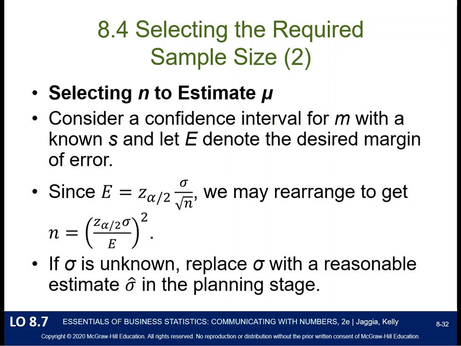Then we can get that we need our z-score times the standard deviation divided by that desired margin of error, all of that squared to get rid of the square root. Now again, if we don't know the population standard deviation, we can replace it with a reasonable estimate, which we're calling sigma with the little hat on it.